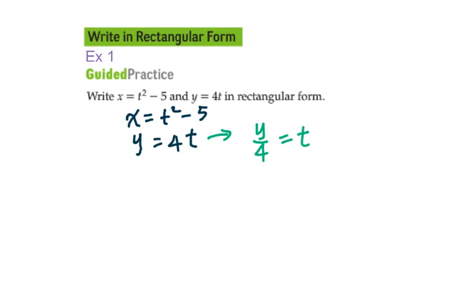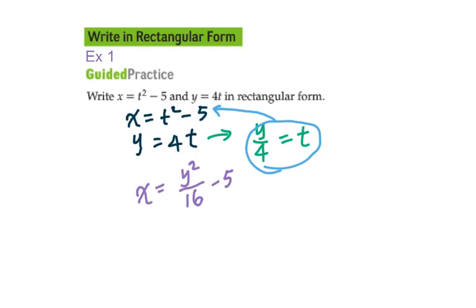Then I plug this one into this equation. So we got x equals y squared over 16 minus 5. This is the rectangular form.